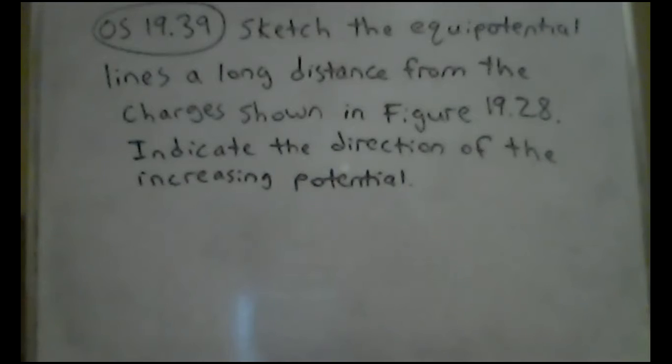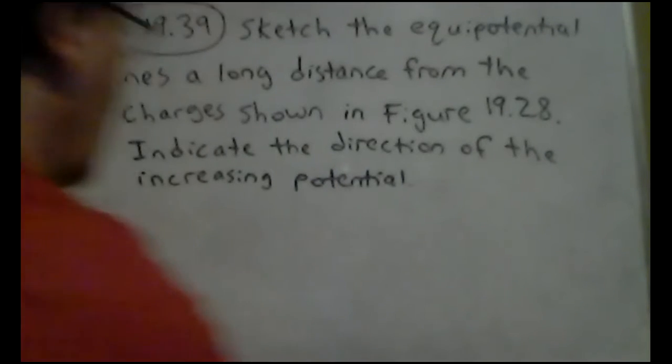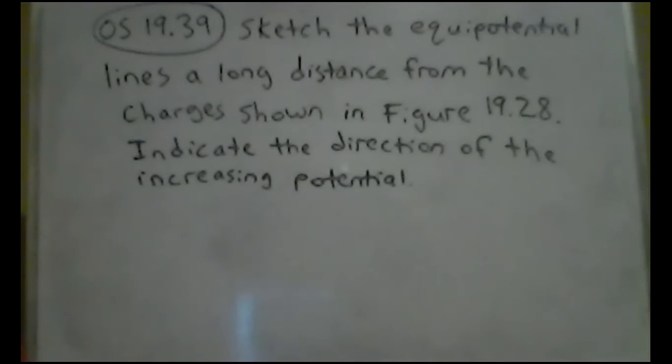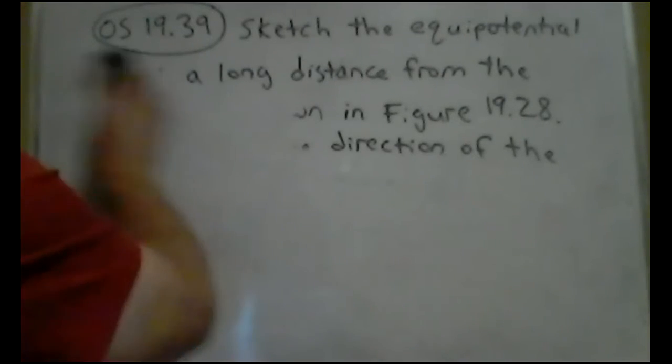All right, so we're going to look at the limit of going far away from these charges. In the previous problem, we were looking at the charges more closely, and the fact that they were separated and there are two different charges actually mattered.